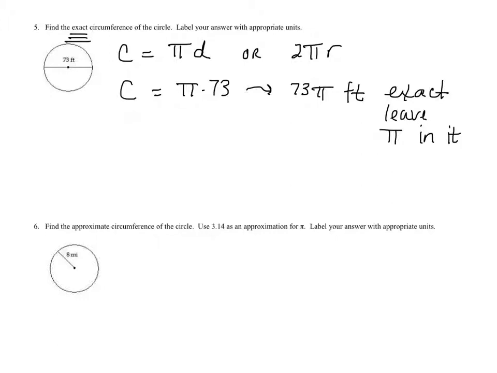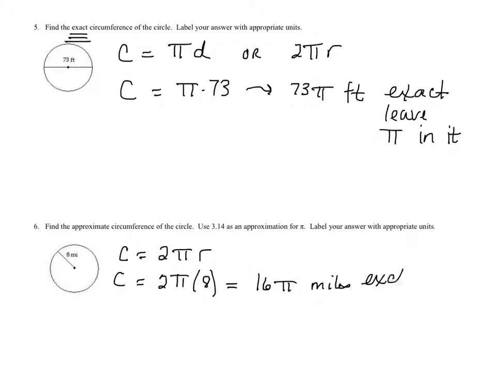Well, in this case, we're given just the radius, so 2 pi r. So 2 times pi, r is 8 miles. So this ends up being 16 pi miles. But that's exact. They want approximate.